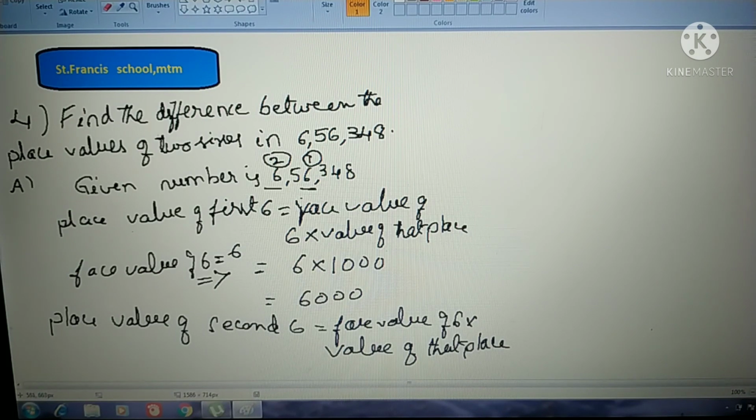Again 6 only. Yes, value of that place, where is that one? This 6 is in lakhs position, right? So write down 1 lakh. Now what is the answer? Multiply this one, your answer will be 6 lakhs. Understood? How to find out the difference of the place values of two sixes here? Good.